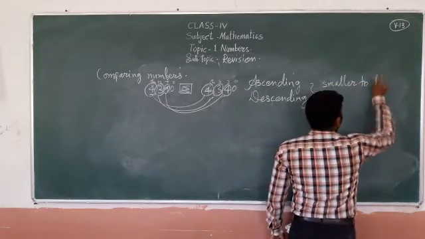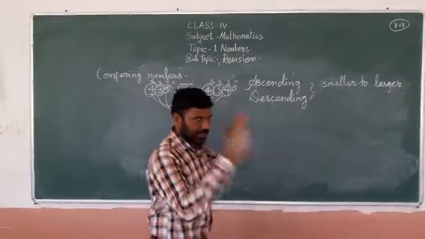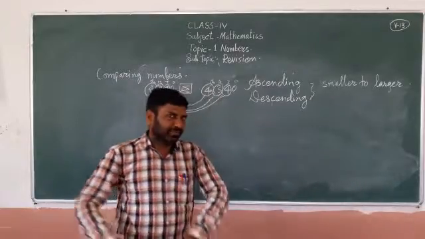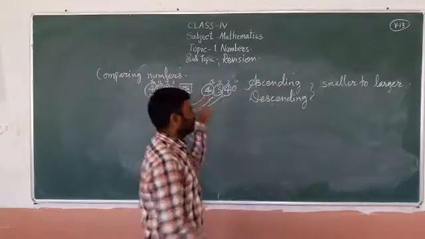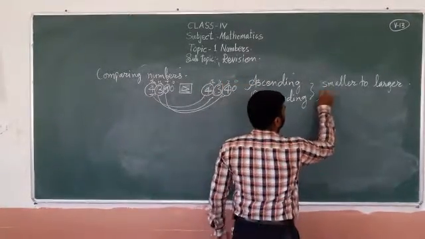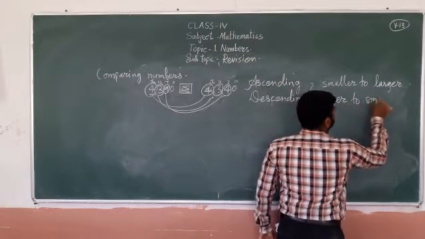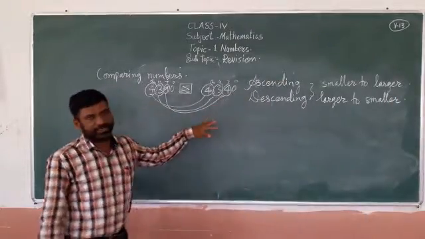And descending: D stands for dhakka. If you push anyone, if you give a dhakka to anyone, he or she will fall down, not up. So descending order means larger to smaller. Understand? Ascending and descending order.